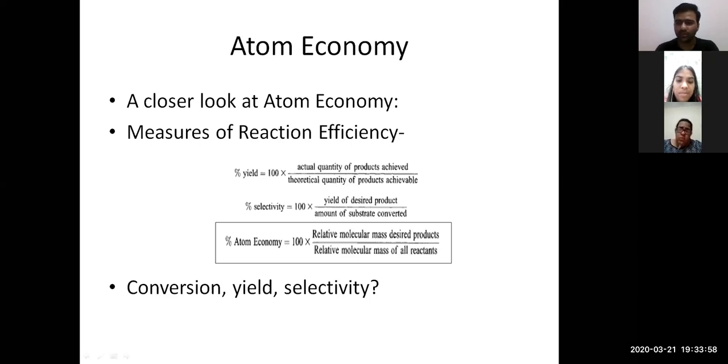Okay, so whenever you're looking at any chemical pathway, you'll always come across three parameters which are defined for a certain chemical process. There is conversion, there is yield, and there is selectivity, right? Now, what exactly do they mean, and are they to be used interchangeably, or do they have a distinct place in the entire chemical synthesis? That is the question we are asking.